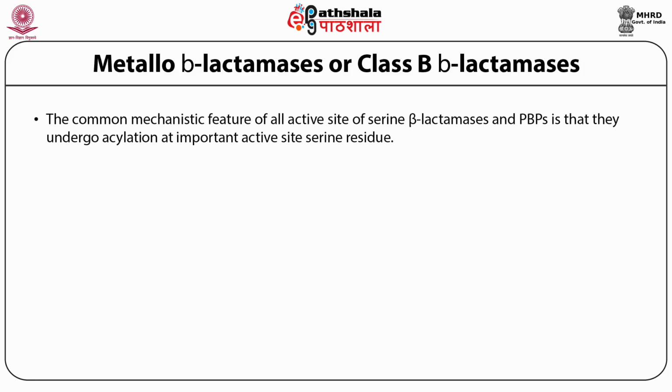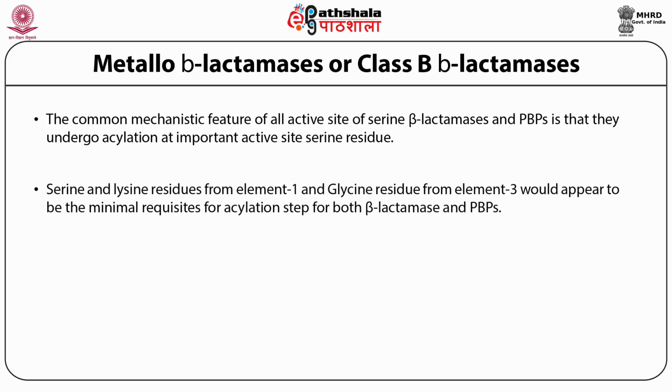The common mechanism of all active sites of serine beta-lactamases and PBPs is that they undergo acylation with an important active site serine residue, and serine and lysine residues from element 1 and a glycine residue from element 3 appear to be the minimum requisite for the acylation step for both beta-lactamases and PBPs.